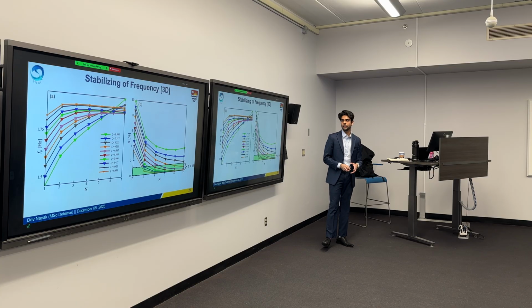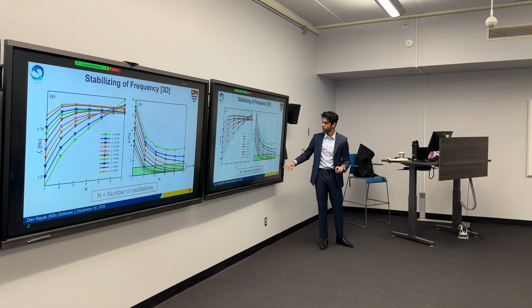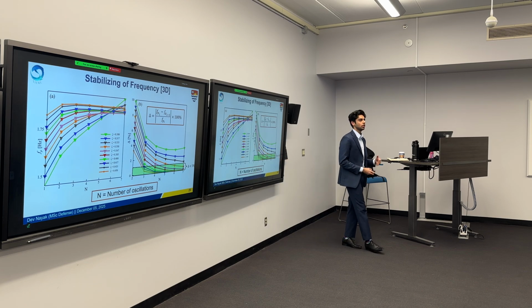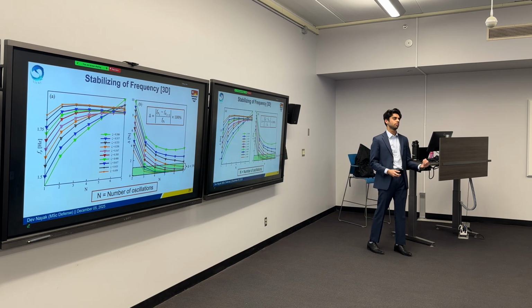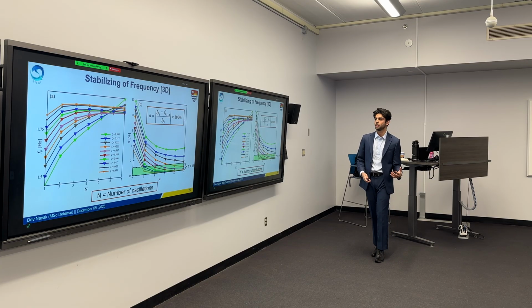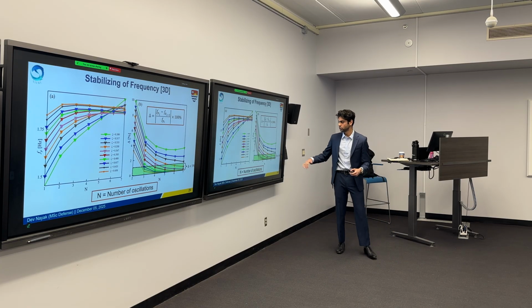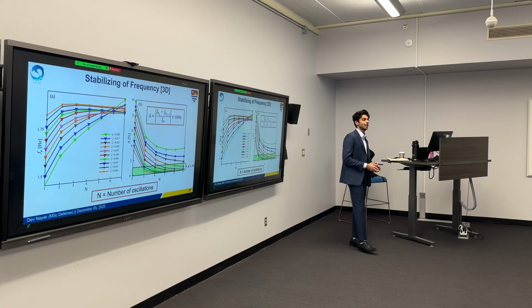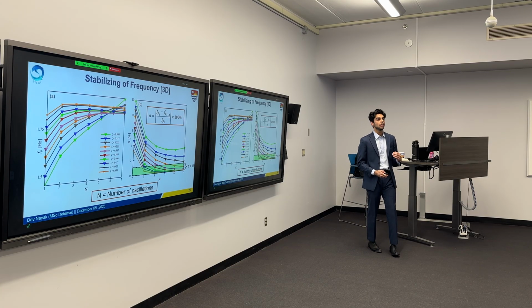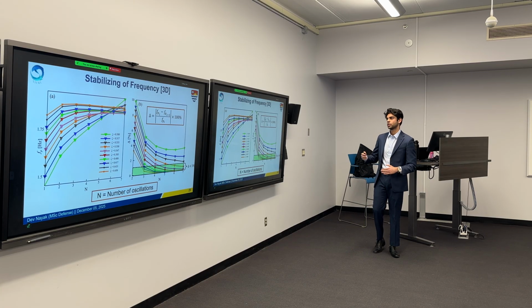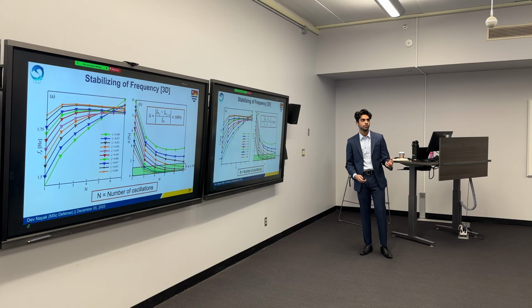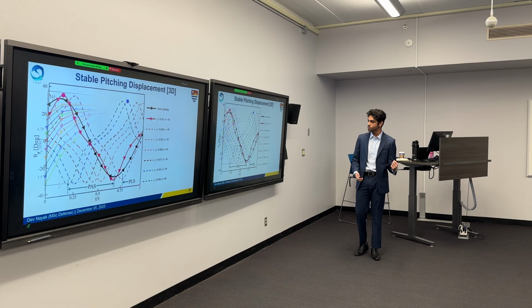So we used an error equation. If the change in the frequency is less than 1%, we call it stable in terms of its pitching amplitude and frequency. We skim through those parameters and further investigate these cases to see what contributes towards thrust and the performance metrics.